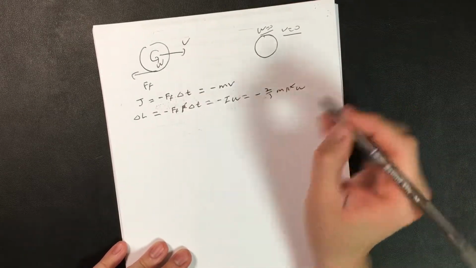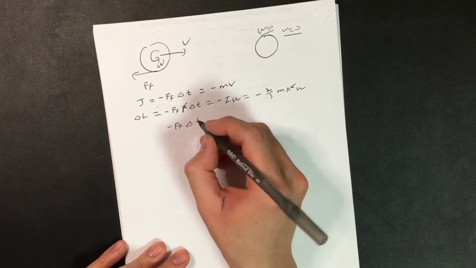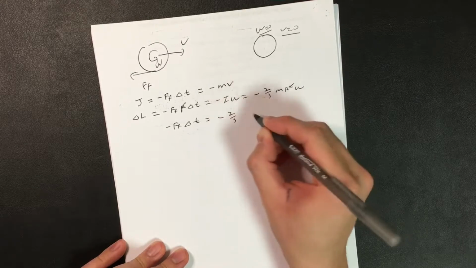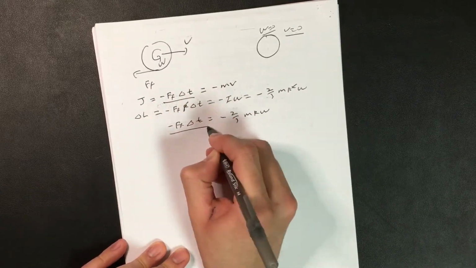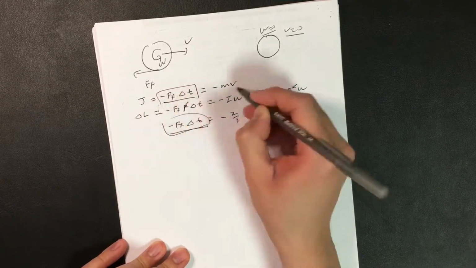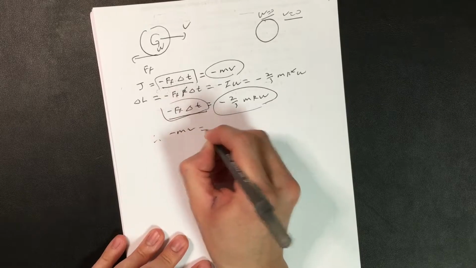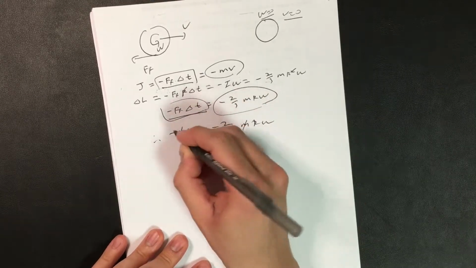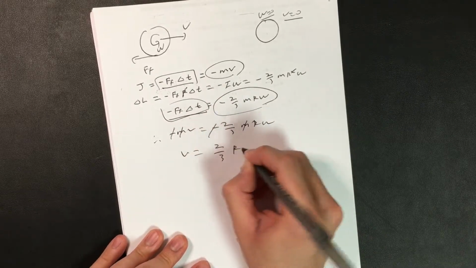Canceling out the r, I get negative friction times time equals negative 2/3 of m r omega. And since these two equations have the same term here, the right-hand terms must be the same. Therefore, negative mv equals negative 2/3 m r omega. And canceling out the m and the negative sign, I get v equals 2/3 of r omega.